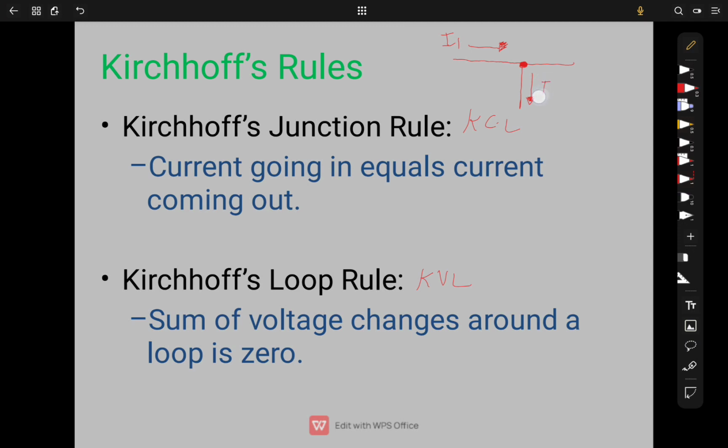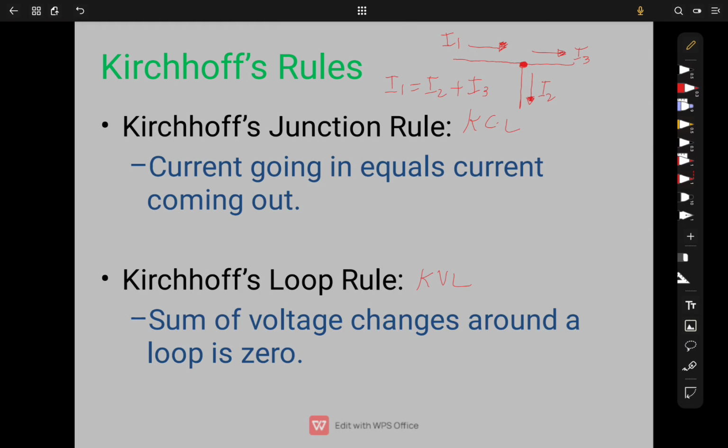So, magiging I2, and then we have the I3. Therefore, we can say, in a mathematical equation, that I1 is equal sa I2 plus I3. Kasi nga, yung current going in ay equal lang daw po sa current coming out.